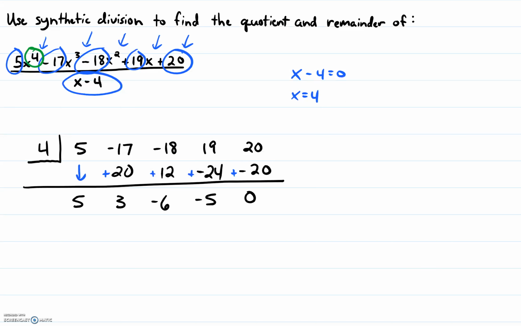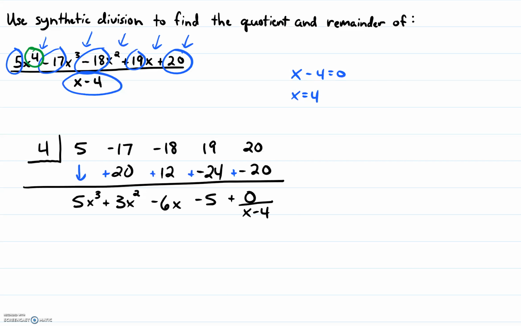So this 5 right here is going to be the coefficient of the x to the 3rd, because we already talked about that. It's going to be our power or our degree for this polynomial. We're going to add that to 3x squared. So we just do x to the 3, x to the 2, minus 6 x to the 1, minus 5 x to the 0, so that's just the constant term, plus 0 over x minus 4.